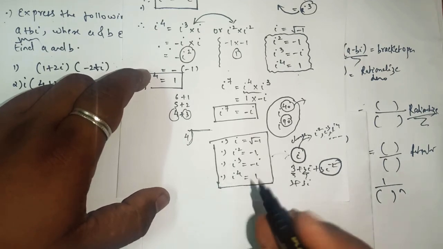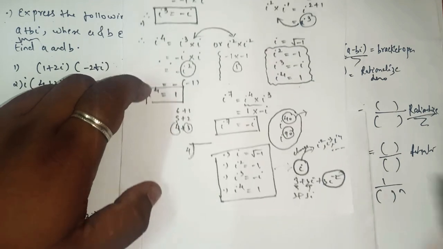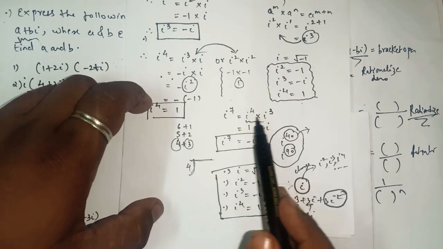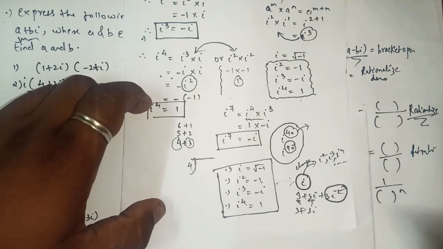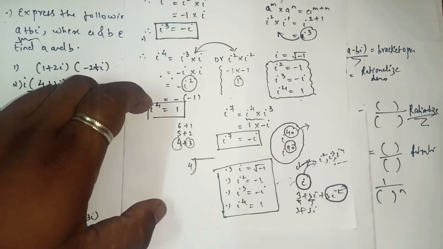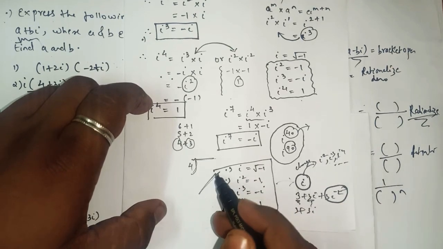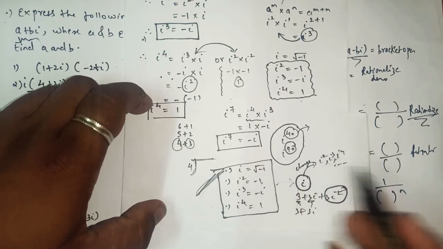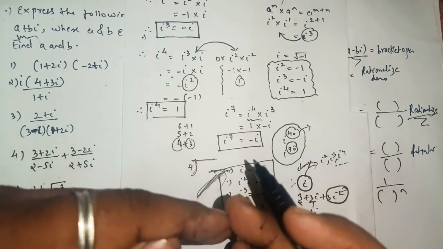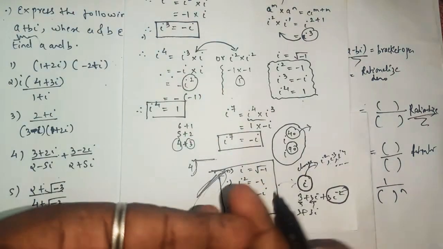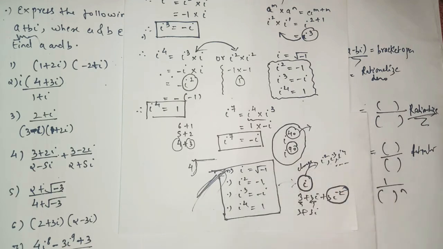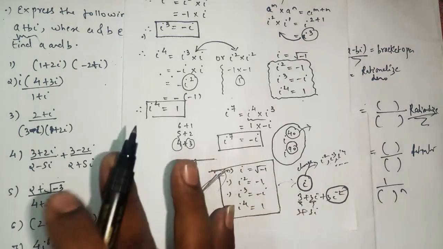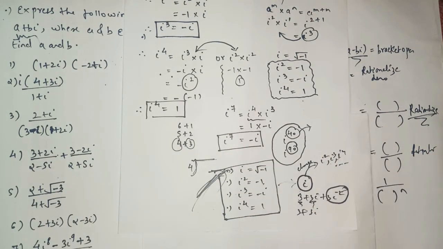If you want to find any value more than 4, 5, 6, in the last video lecture I explained how to break the numbers and find the answer for a particular question. And whenever you see i, don't change i. Don't write root minus 1 in place of i. Only where it contains i square, i cube, i raised to 4, i raised to 5, more than 2, you change it. If it is i, you keep the i as it is in the question. Remember this.